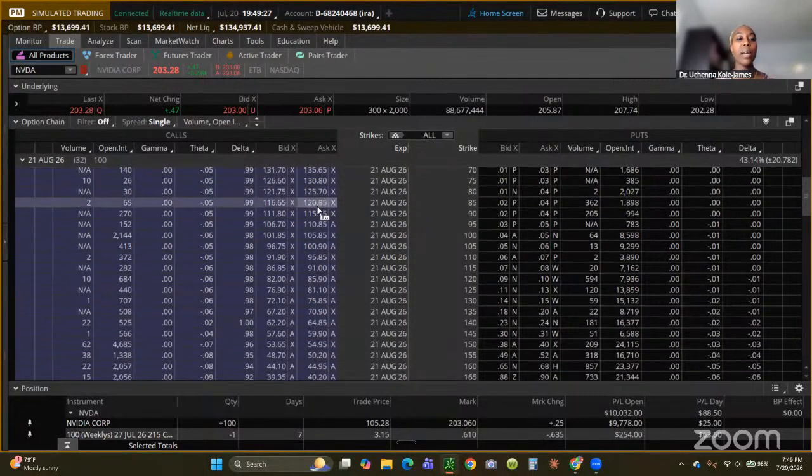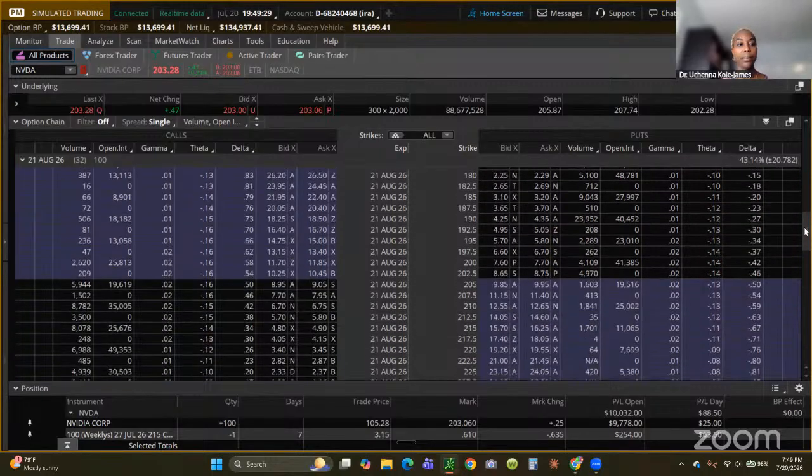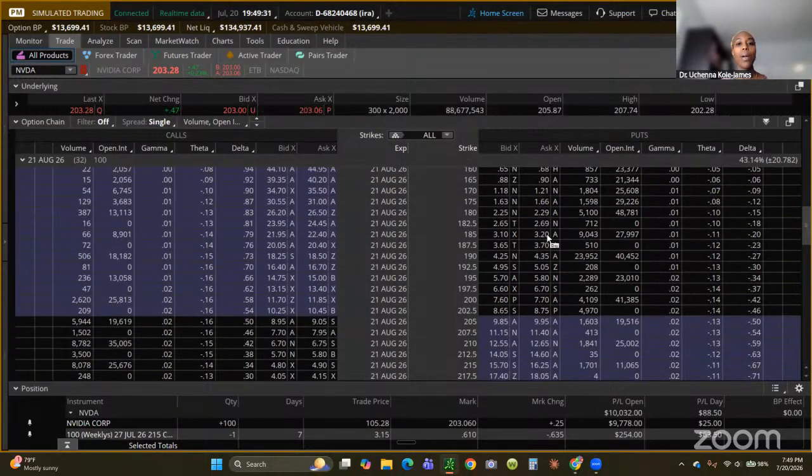That's 32 days away. So I'm going to pick liquid options only. You know, I love 70 delta. However, the 70 delta has zero open interest. Am I going to do it? Heck no. And I only have $1,000, so actually I can't afford any of these in the money.